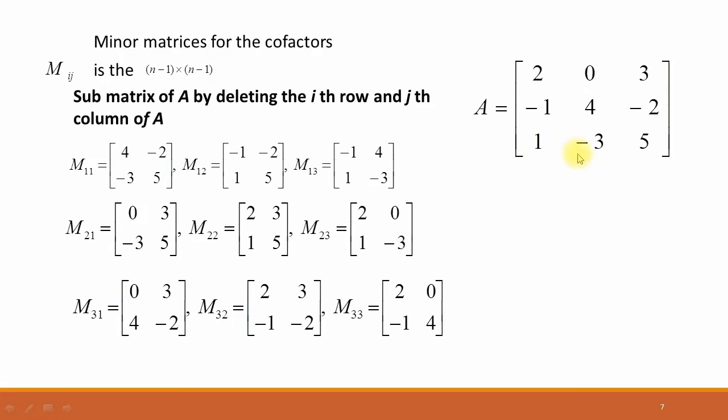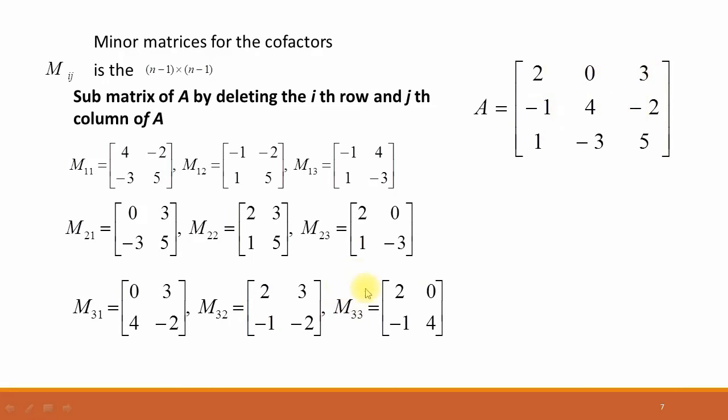Now along R3 to find the minor matrices. M31 means delete the third row and first column. We have the minor matrix which contains the entries 0, 3 and 4, minus 2. Now M32 means delete the third row and second column. The minor matrix contains the entries 2, 3 and minus 1, minus 2.